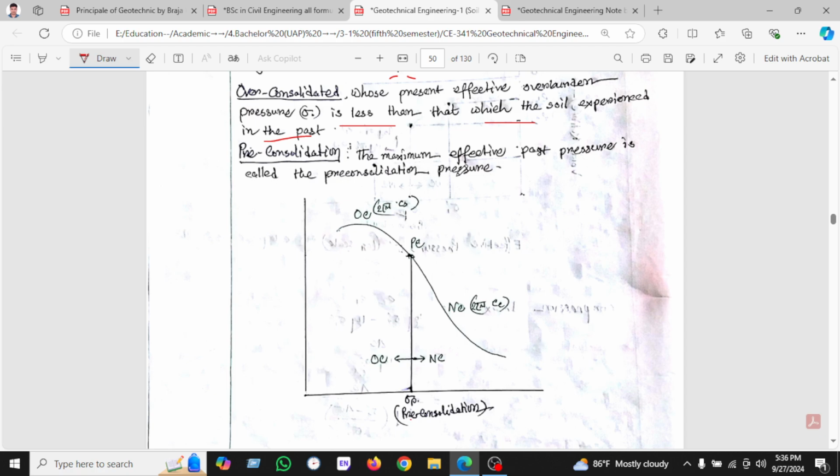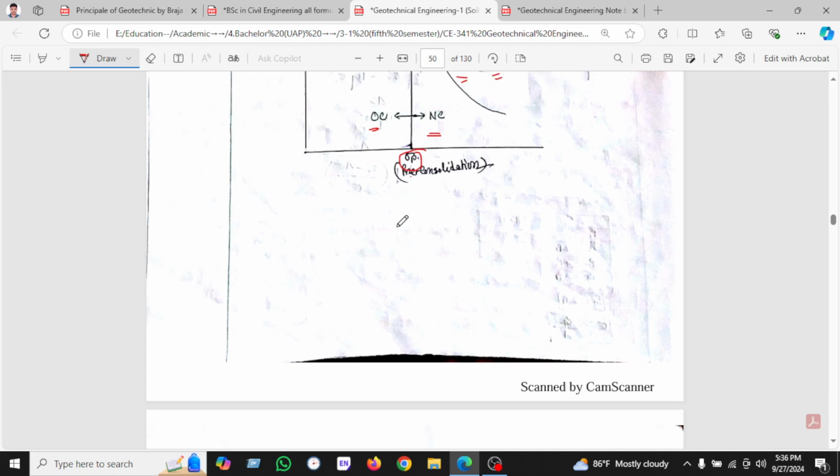The maximum effective past pressure is called the pre-consolidation pressure. So the left side of the pre-consolidation pressure must be over-consolidation, and the right side is normal consolidation. Remember it: for normal consolidation we will use Cc, and for over-consolidation we will use Cs.